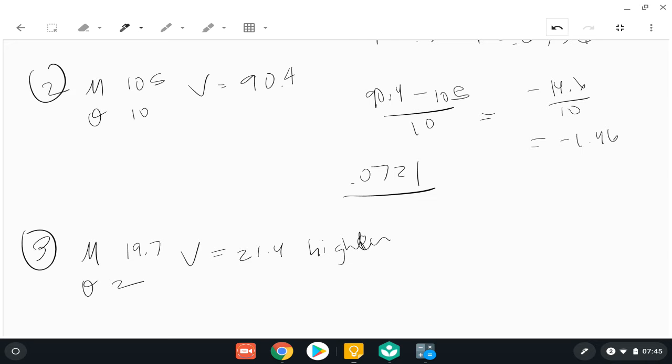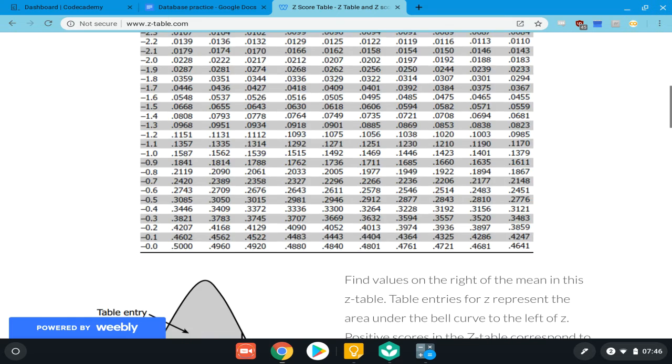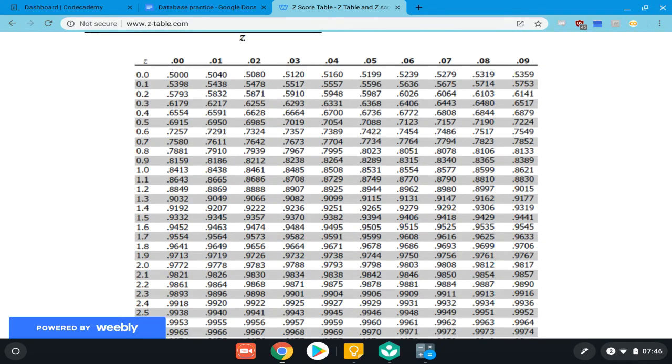So we take the value, 21.4 minus 19.7, over 2, which is 0.85. Put this on the table. 0.85 is going to be 0.8023.